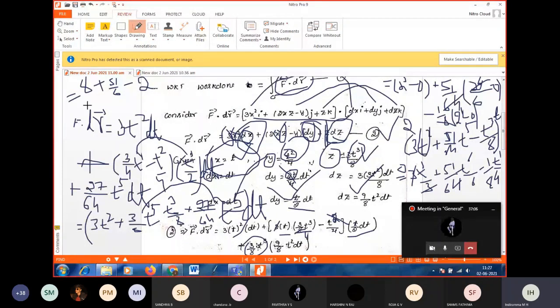Sorry, it is not minus 2, it is minus 1 by 2: 1 by 8 into t power 4 gives 16 by 8 with 8 times 2 is 16, so minus 1 by 2.